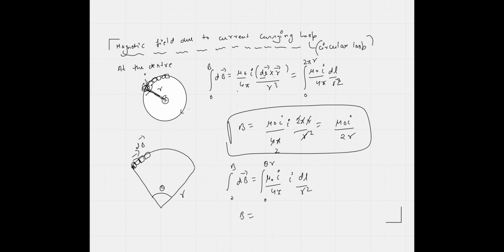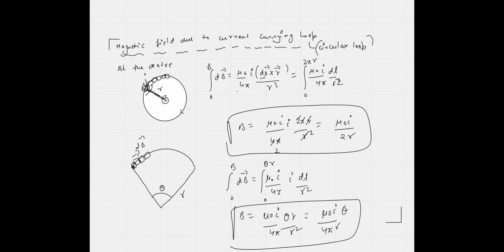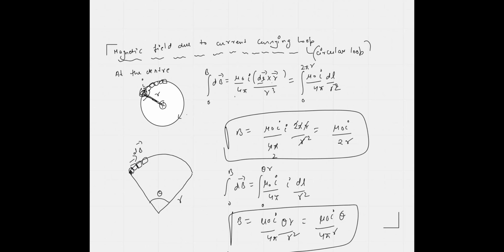So B comes out as mu naught I divided by 4 pi, times theta times r divided by r square. So it comes out as mu naught I divided by 4 pi r, times theta. This is the final formula. So if your theta is 2 pi, you can simply put in the value and get the answer. I hope it's clear for you.